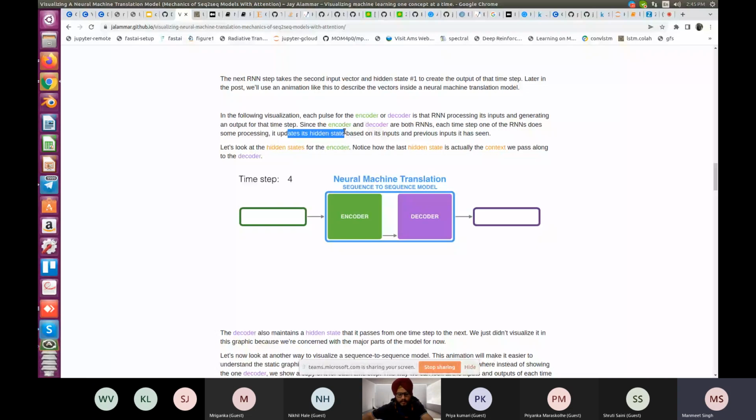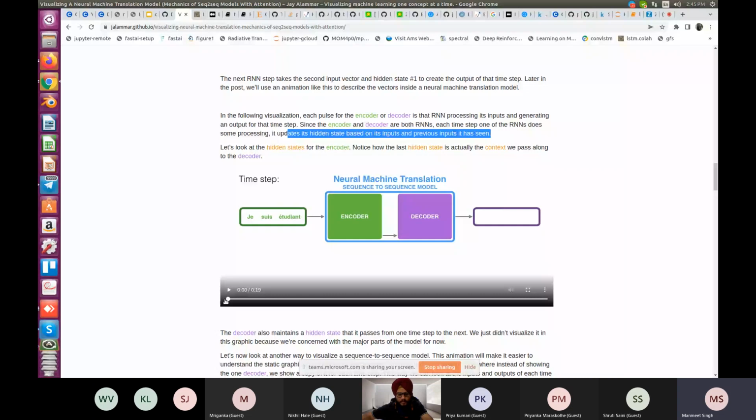So "Je suis étudiant." Now you see at time step number 1, "Je" goes to the encoder. It gets the hidden state 1. Then at time step 2, "suis" goes to the encoder. It generates the hidden state 2.